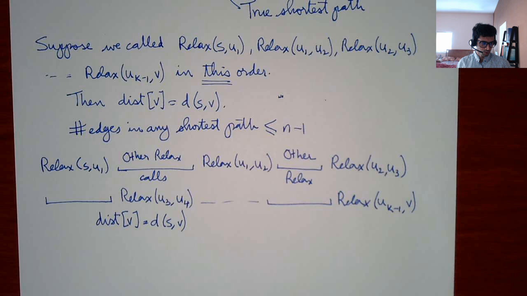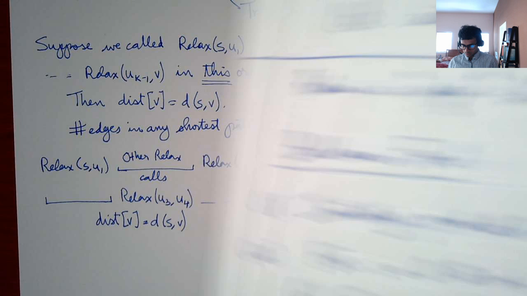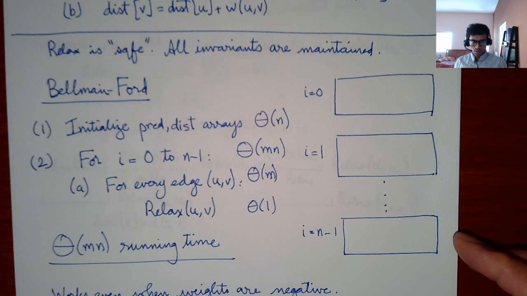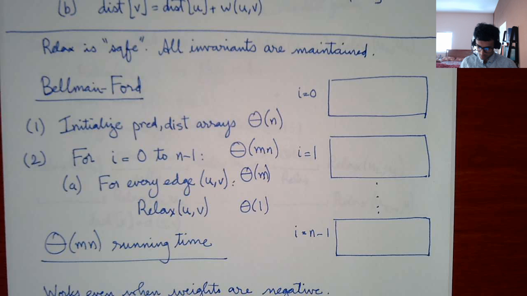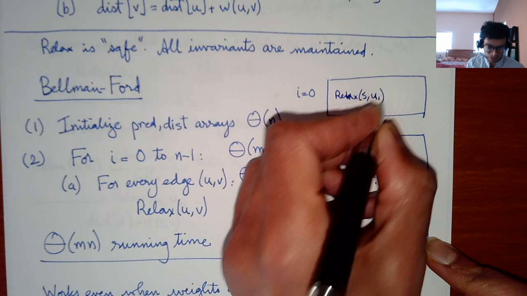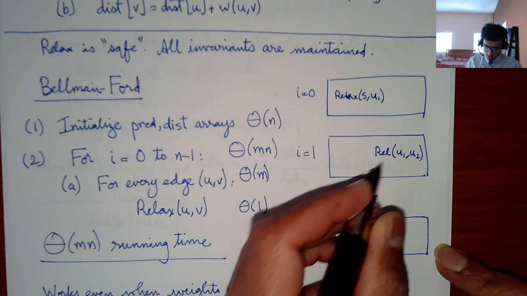So now let's go back to our figure here. We know that in this first block of calls, there's going to be some call of relax S,U1 somewhere in this list. Somewhere down here, there's going to be a call of relax U1,U2. Somewhere there's going to be a call for relax U2,U3 in the third block, and so on.